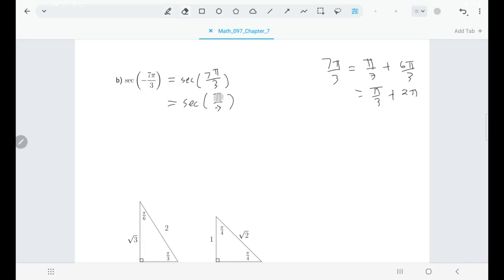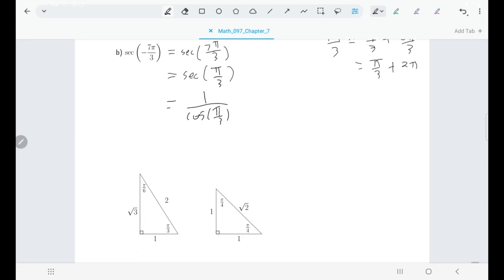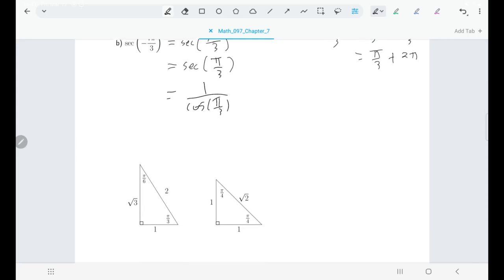And then finally, I'm going to think about the fact that secant and cosine are reciprocals of each other, so secant of pi over 3 should just be the reciprocal of cosine of pi over 3. So all I really need to do here now is just use my special triangles, find cosine of pi over 3, cosine of pi over 3 being adjacent over hypotenuse, 1 over 2. So secant should be the reciprocal, 2 over 1, or just 2.